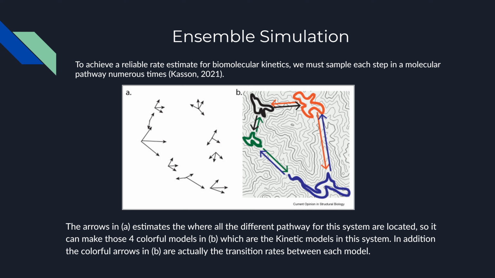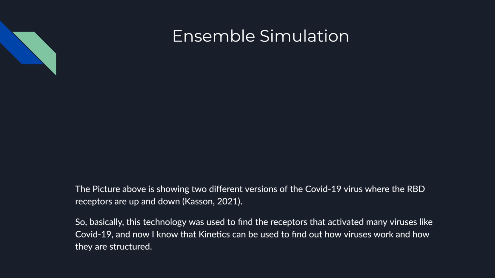And this is how it works. The arrows in A estimate where all the different pathways for the system are located, so it can make those four colorful models in picture B. Those four colorful models are the kinetic models in the system, and the colorful arrows going between them are the transition rates between each model.